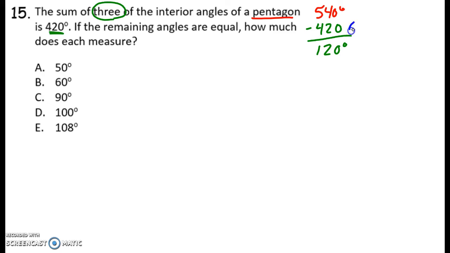Well, if this takes care of 3 angles, that means that 2 angles have to be 120 degrees. It says if those remaining angles are equal, how much does each measure? Well, 120 divided by 2, 60 degrees, letter choice B.